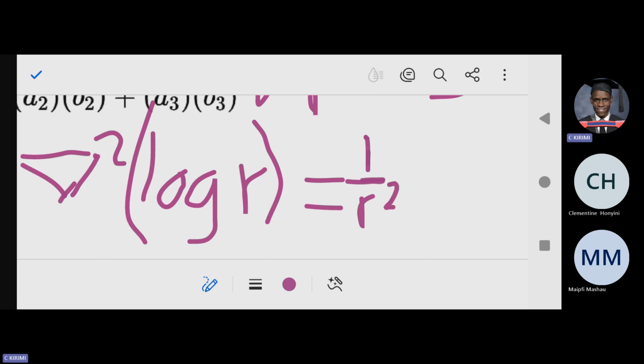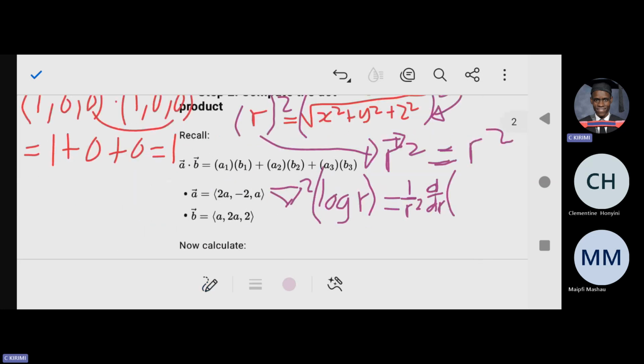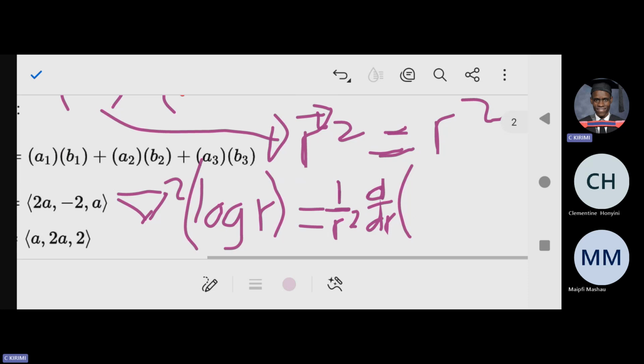Then you put your bracket, which is d dr of what is inside the bracket, which means your vector R, but that R is being squared, R squared. Then we have df dr. But in this case, it's no longer d dr of f.